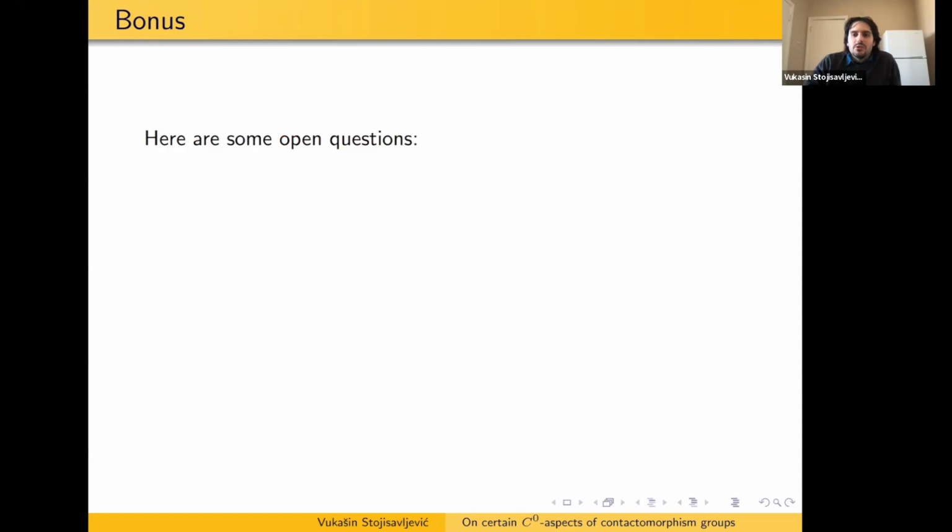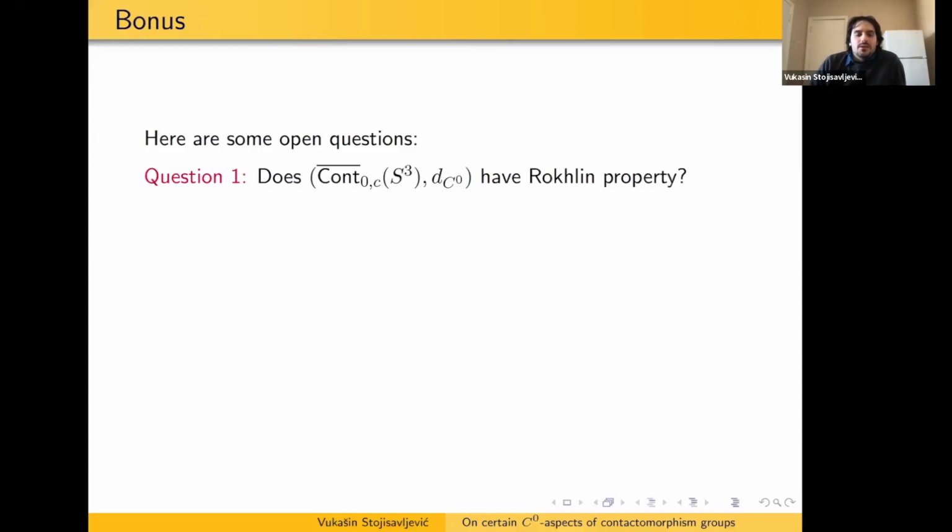These are things which we don't know how to do, and maybe potential next steps, some of them. So the first question is: does the closure of the contactomorphism group of S3 have the Rokhlin property?